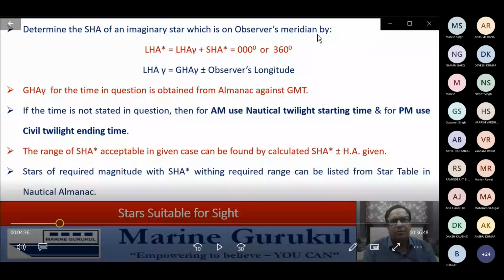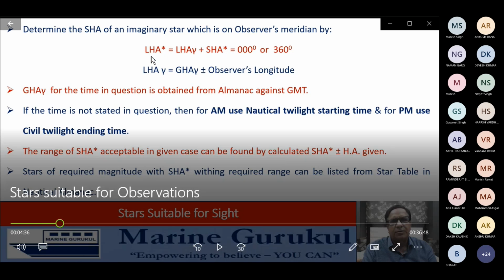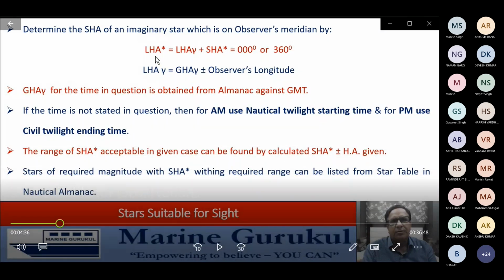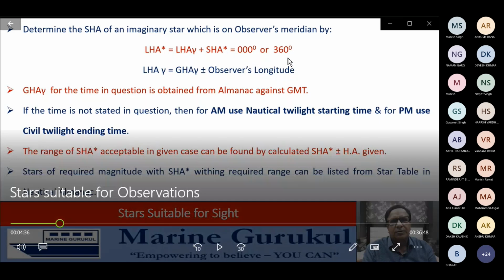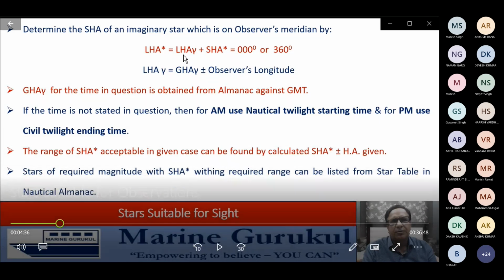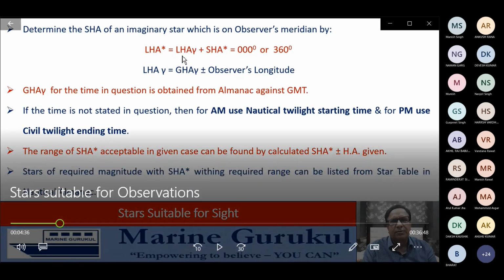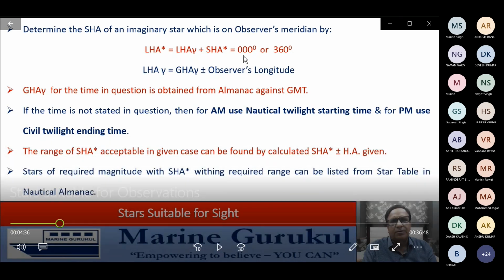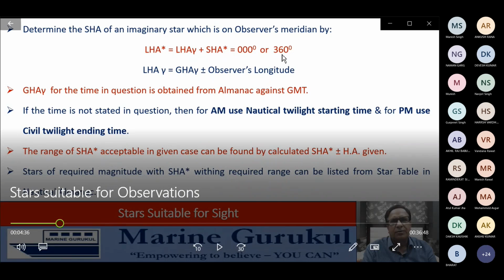Now how can we do that? We know when a body is on our meridian, its LHA is equal to 0 or 360. Now LHA of a star is equal to LHA of Aries plus SHA of the star. So this means LHA Aries plus SHA star should be equal to 0 or 360.